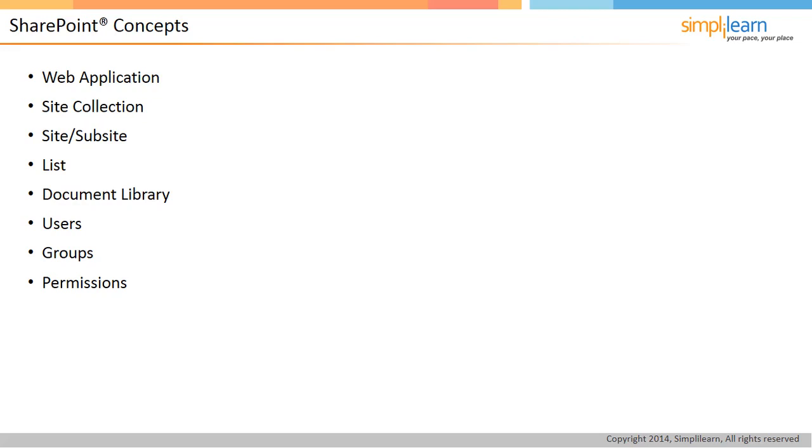This is a structure that extends a list to store documents in the form of files. Any kind of document, MS Office files, PDF, images, audio, video, etc., can be stored in a document library. You can even create folders to further organize documents within one. This is yet another component that you will learn about in greater detail in this course.